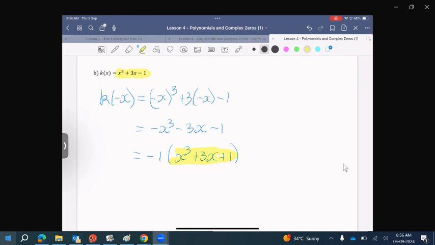We nearly did it. If it wasn't for that minus 1, this would be even. But the minus 1 makes it not even. Take the minus 1 away from the original function, and this would have been an odd function. Because this is neither, this is not equal to k of x, and it's not equal to negative k of x, which implies neither even nor odd.